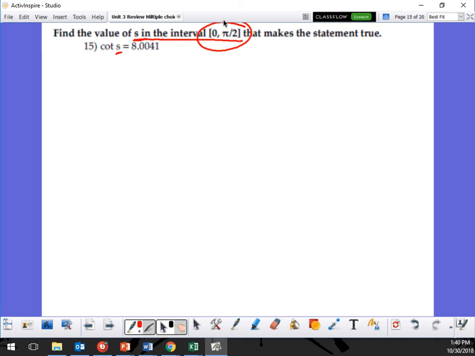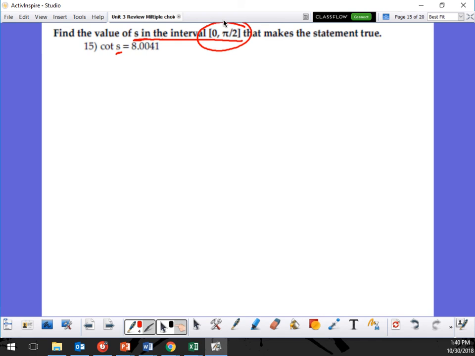What quadrant's that? That's the first quadrant, very good. So class, if I'm looking for an angle, I have to do the inverse.